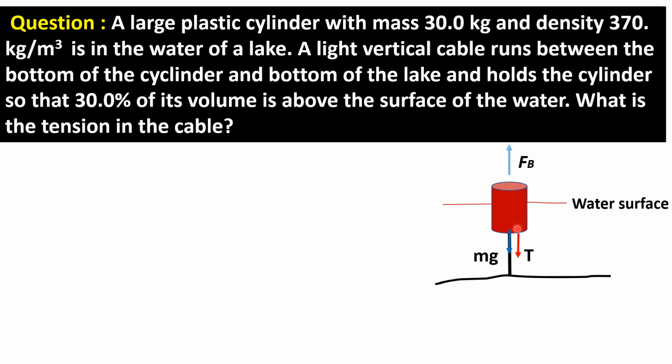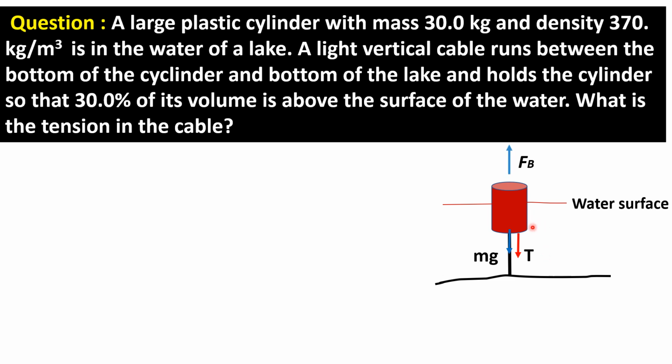And it is understood that the cylinder is at rest, so it is in static equilibrium. So our analysis for the forces acting on the cylinder is such that the upward force must be equal to the two downward forces. Later on, we're going to calculate the value of the tension force.